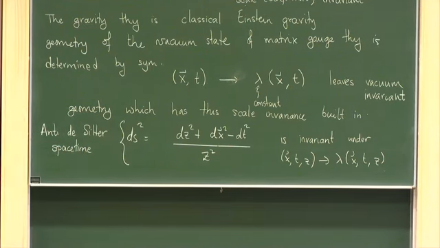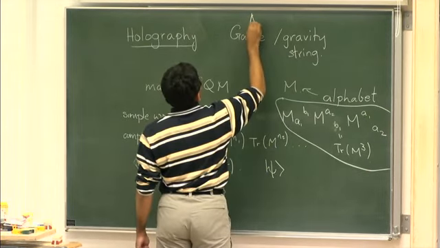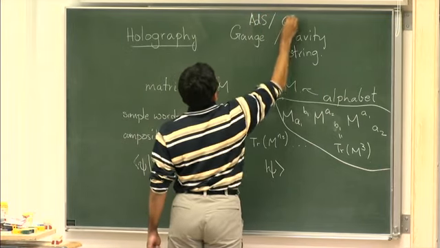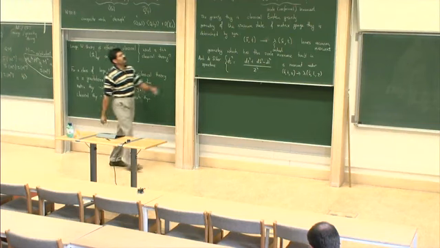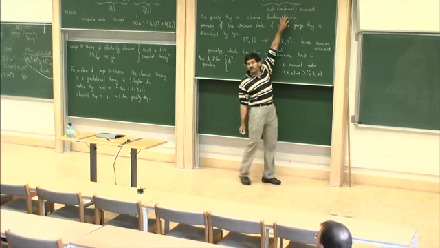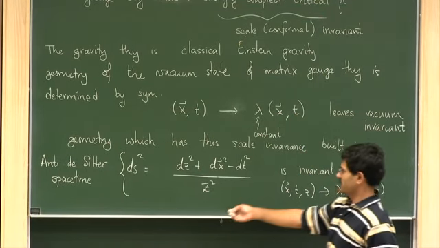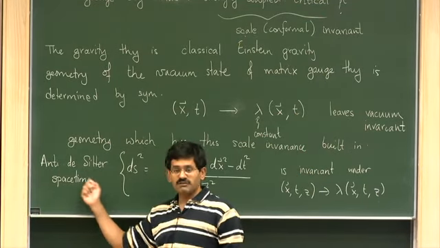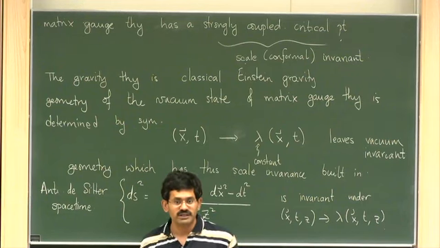And hence this connection between gauge theory and gravity is also called the AdS/CFT correspondence, because the class of theories one is talking about have this conformal invariance, and that conformal invariance reflects in the fact that the vacuum state of the conformal field theory maps to this particular geometry, which is the anti-de Sitter space.